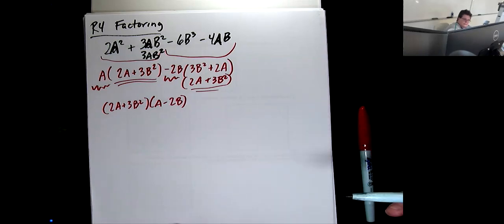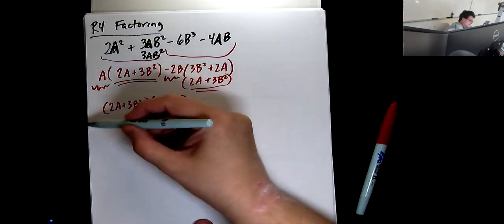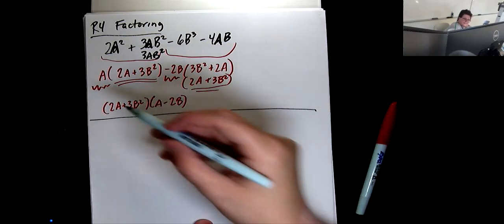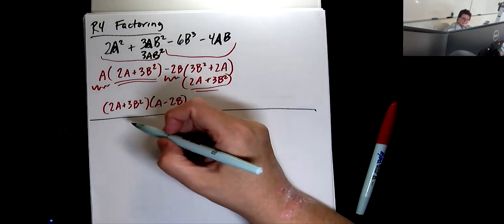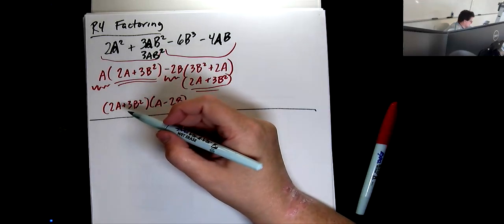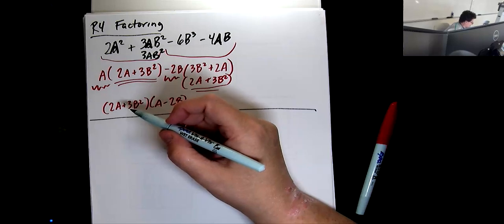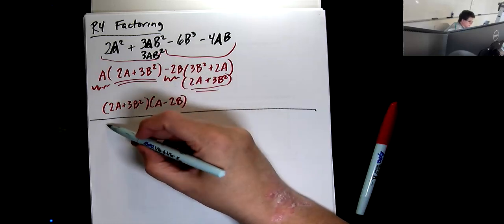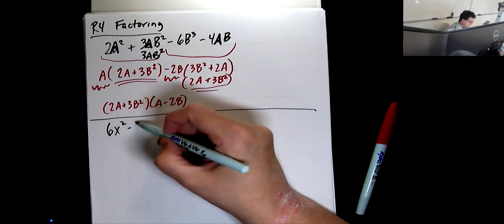You want another one? Let's do 6x squared minus 11x plus 3.